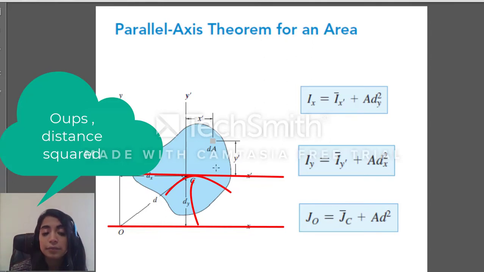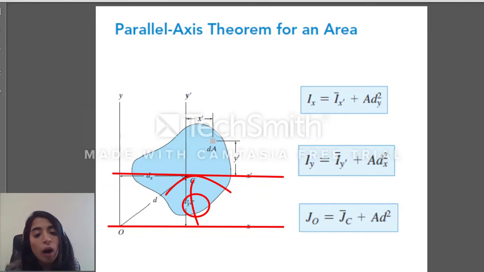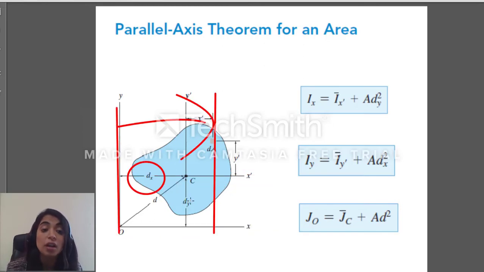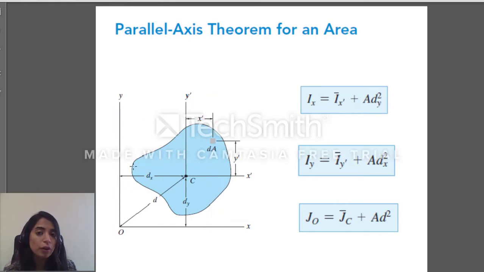So that's it, guys. This is dy. If I need to do now Iy, it is the same, except that now instead of dy, I have dx, because dx is the perpendicular distance between y and y prime. This is dx. So that's it, guys. If I know the moment of inertia around an axis passing through the centroid C and I need to find the moment of inertia around another axis, what should I do? I should apply the parallel axis theorem.